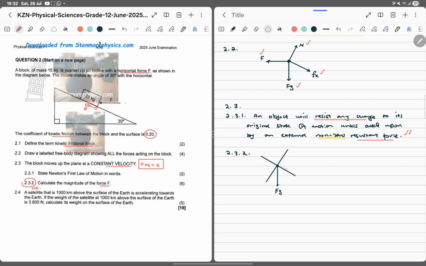All right, we want to just get some stuff in the right orientation, just to make it nice. Of course, we've got the time. Right, so we've got those components of the gravitational force. This becomes Fg perpendicular.